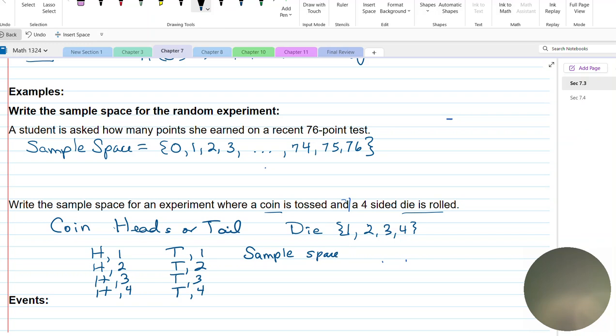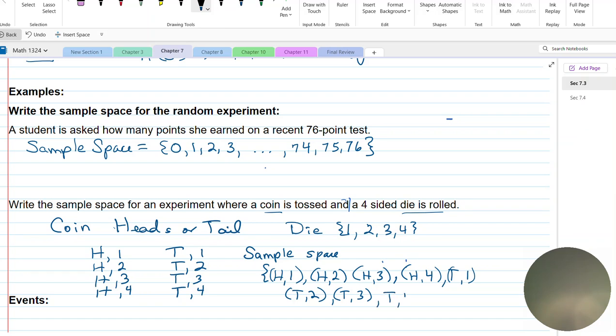Our sample space is going to be the set of head and 1, head and 2, head and 3, head and 4, tail and 1, tail and 2, tail and 3, tail and 4.